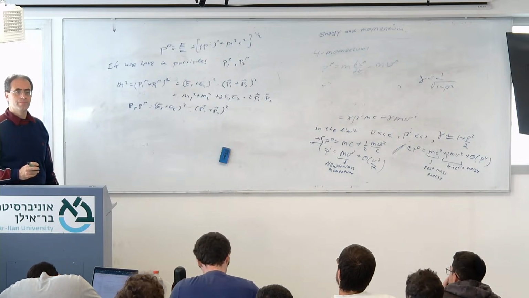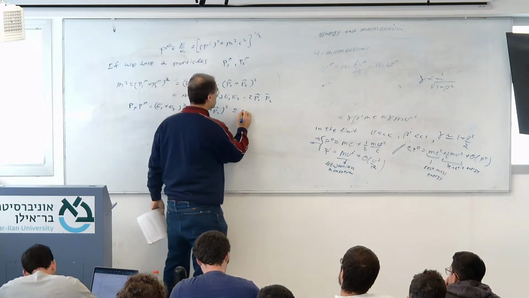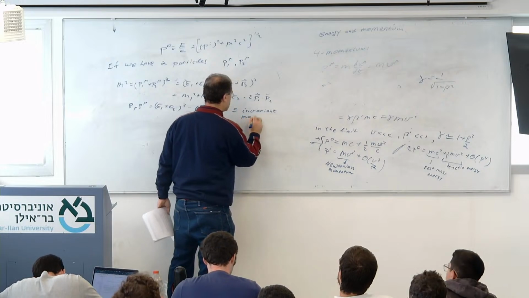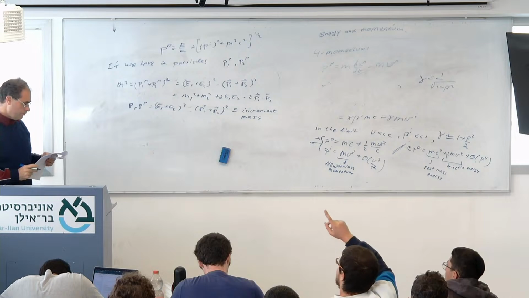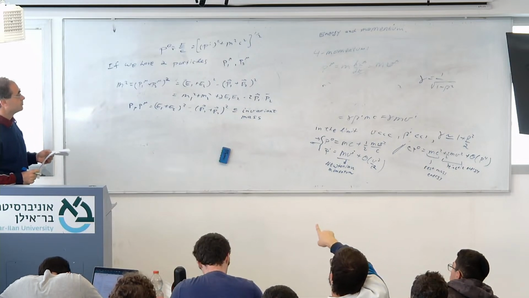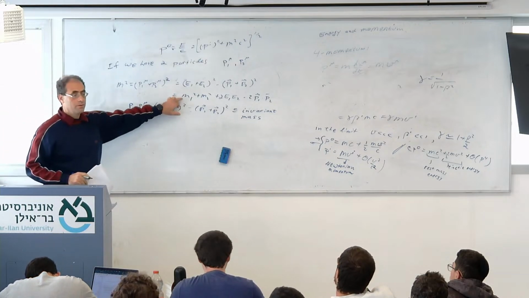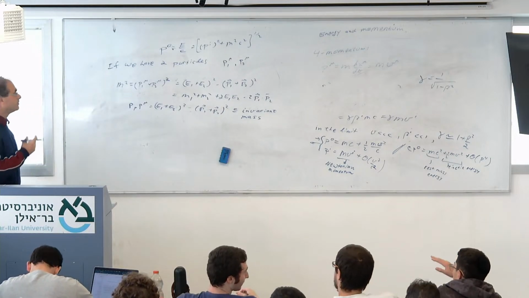It's called invariant mass. It's a scalar. Did you forget the norm of P1 and P2? I don't think so. Explain? No, you do it at home.